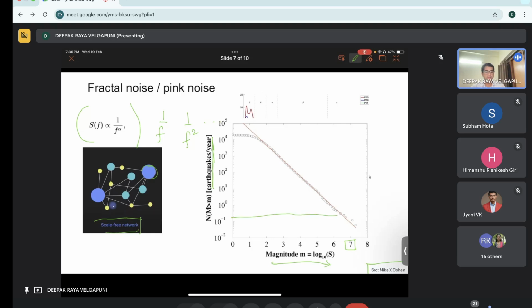This is on a log scale, but just remember it is very few in number. But if you take a smaller magnitude earthquake, they occur many times. There are always some kind of earth movements happening at this scale. So basically, small things occur a large number of times, and large magnitude earthquakes occur a smaller number of times.